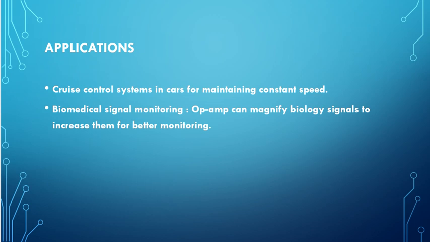For better monitoring, to improve the signals, we have used this differentiator. We know that an op-amp is a device to improve the signals, to amplify the signals. So we use it in cars and in biomedical signal monitoring. These are the applications of the differentiator.